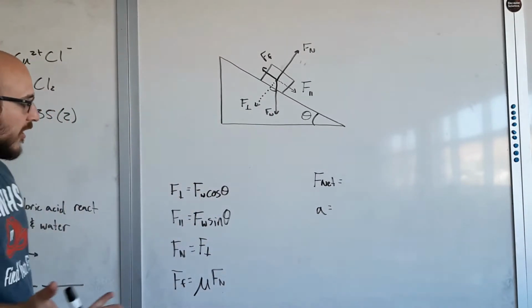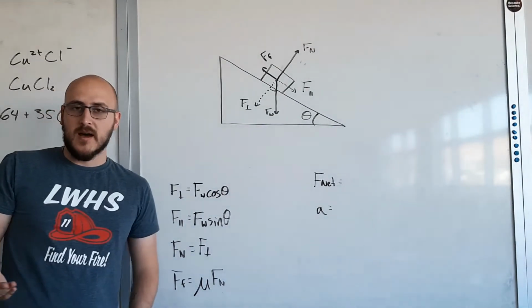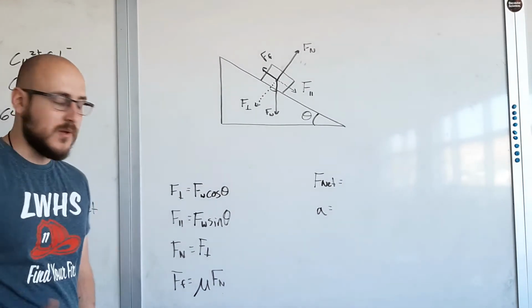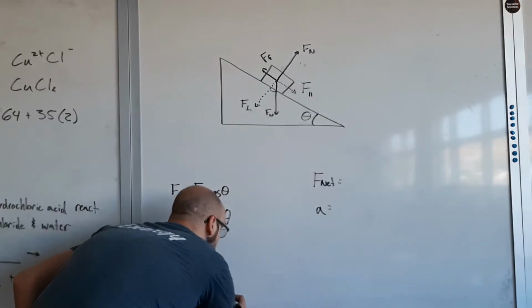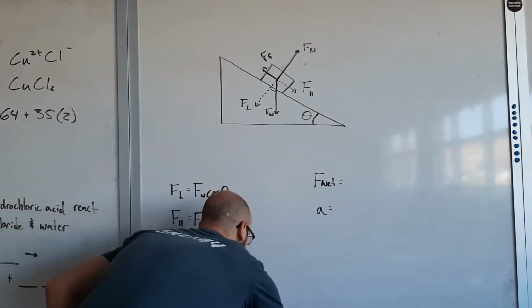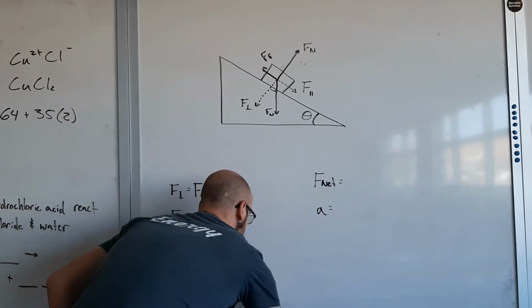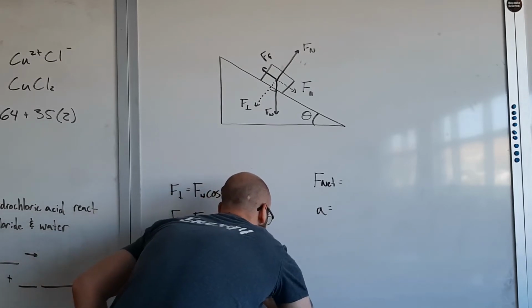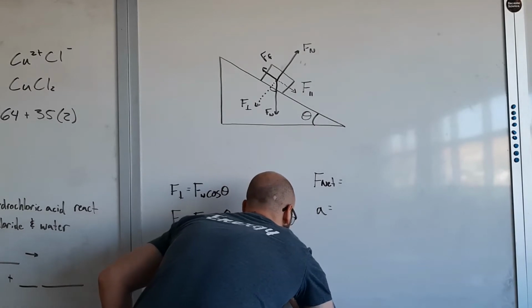Now, it may not always ask you to find the normal force first, so some people occasionally will substitute in what your normal force equals and write this equation as coefficient of friction times Fw cosine theta.